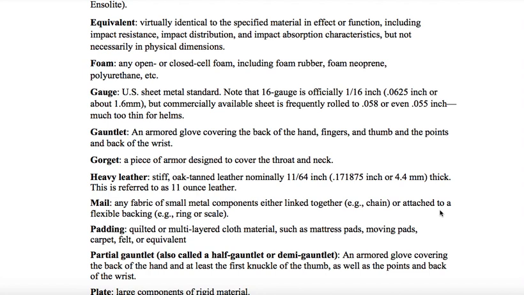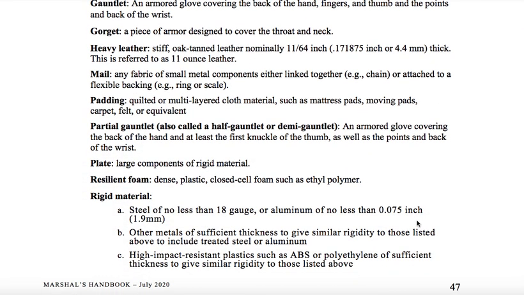Gorget. A piece of armor designed to cover the throat and neck. Heavy leather. Stiff, oak-tanned leather, nominally 11/64 of an inch, or 0.171875 inch, or 4.4 millimeters thick.